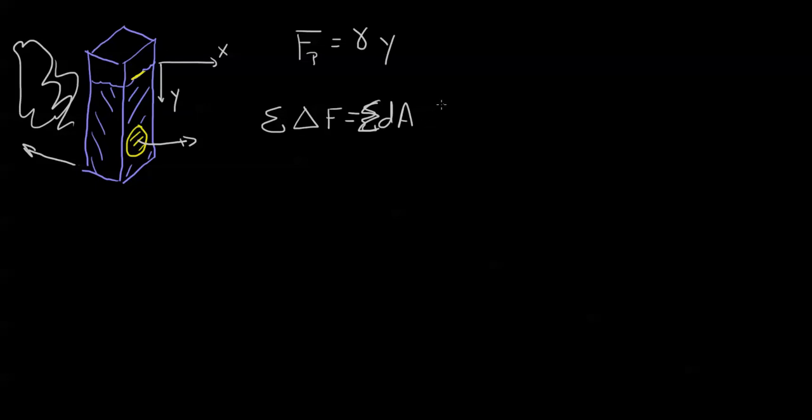The small force is gamma y, the pressure. So the total force, if we put this into an integral, is the integral of gamma y dA. This should look very familiar. Remember, the integral of y dA is simply Q, is what we called it. So in this case, gamma Q.